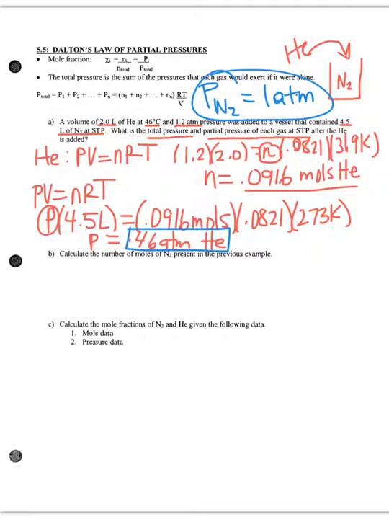So therefore, total pressure, PT, equals 1 plus the 0.46. Therefore, that's 1.46 atm is the total pressure.